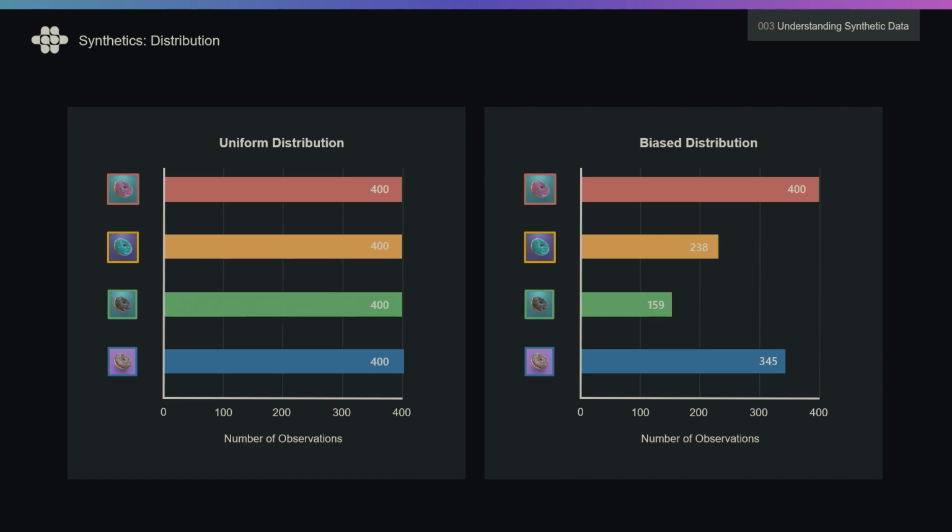In this fictitious case with our donuts, if we were to represent certain types of donuts more commonly in our data set, in this case, pink frosting with rainbow sprinkles, our model is going to associate those features more strongly with the donut class, and we may end up unintentionally biasing our model.